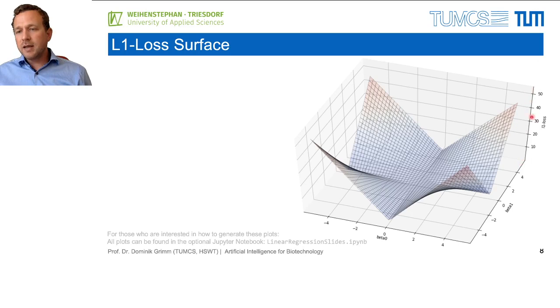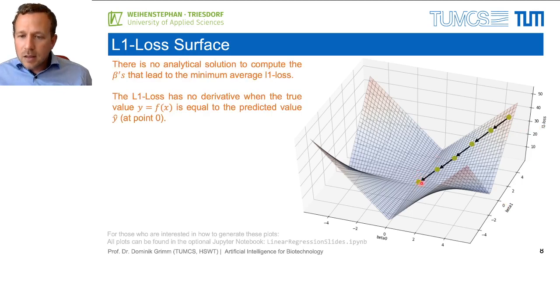And here on the z-axis you can see the L1 loss. And that's the following surface in the three-dimensional space. So what we actually like to achieve here is to find this beta 0 value and this beta 1 value that lead to this minimal loss. And where is the minimal loss? The minimal loss is here in the valley of this function.